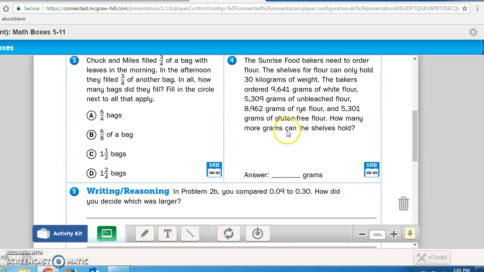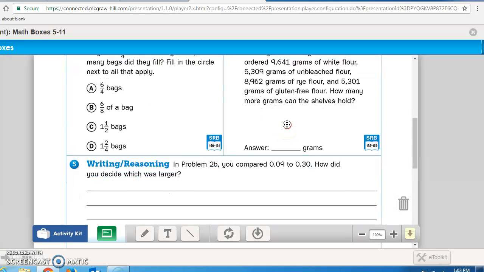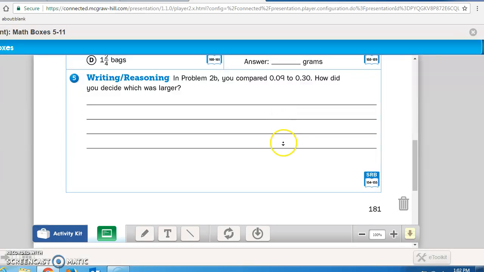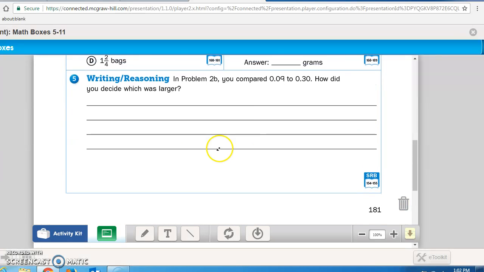How many more grams can the shelf hold? Well, you would set this up as 30 kilograms minus, and then add the 9,000, the 5,000, the 8,000, and the 5,000 together as grams, and then convert it into kilograms to figure out your answer. Pause the recording now, rewind it if you need to hear those directions again.